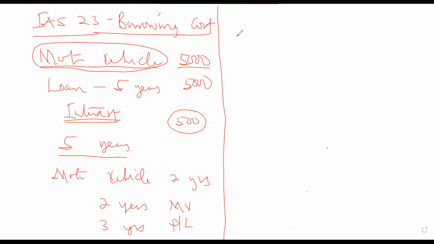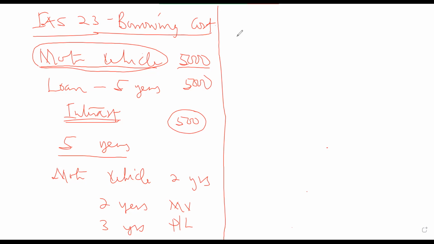So basically, whenever there is a loan interest, the company has to expense the interest to profit or loss. But there are specific situations where the loan interest can be added to the initial cost of the asset.